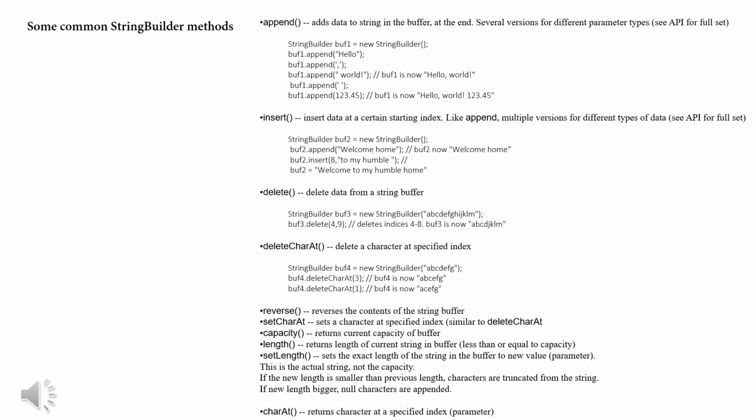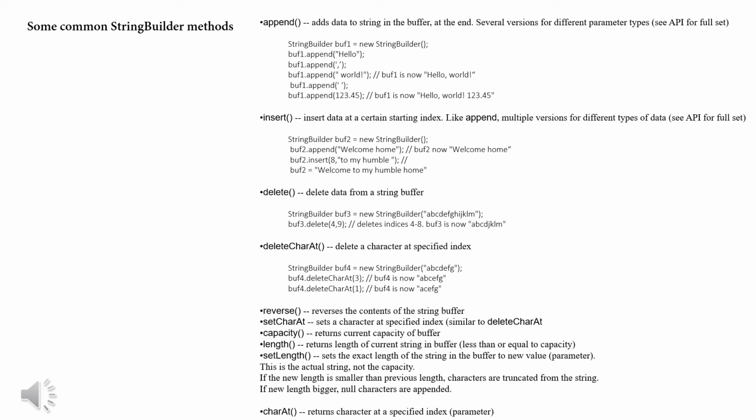Another method for a StringBuilder is deleteCharAt. By using this method, you can delete a character in a specific position from a string. For example, you have the string A, B, C, D, E, F, G, right? And you want to delete D from this string and store the resulting string inside the previous string.